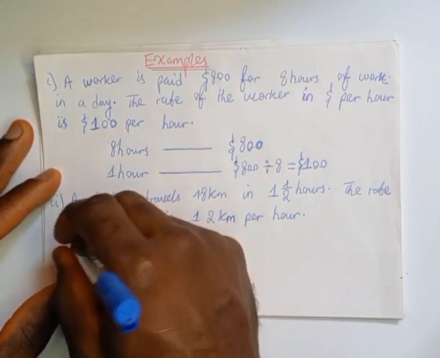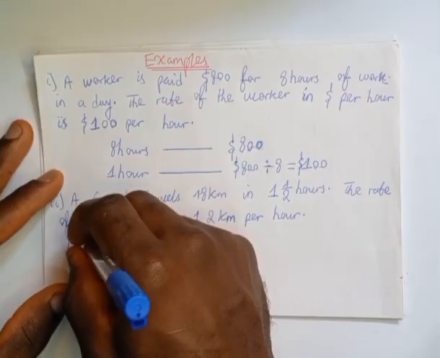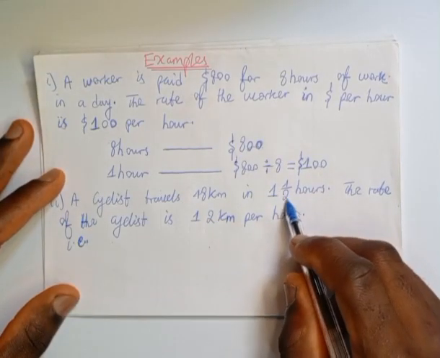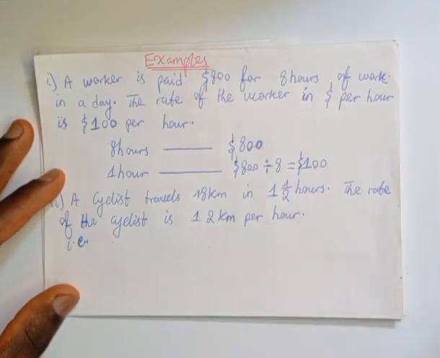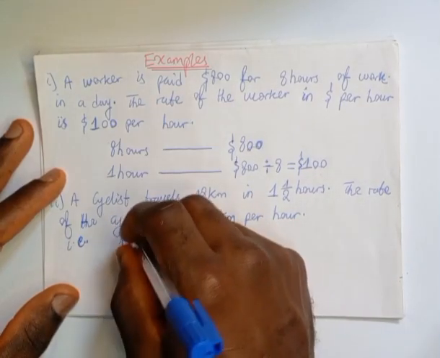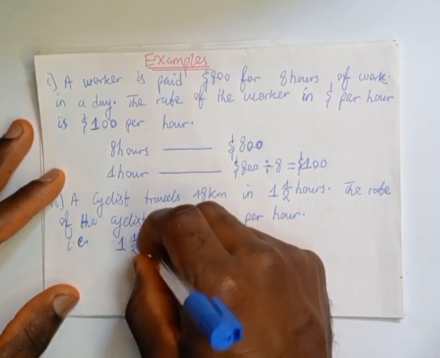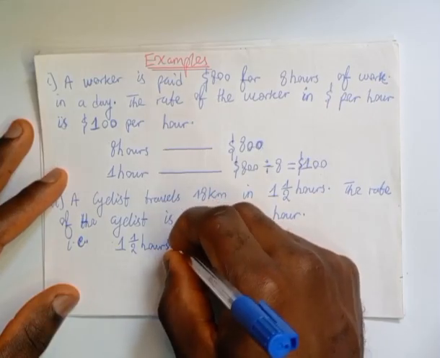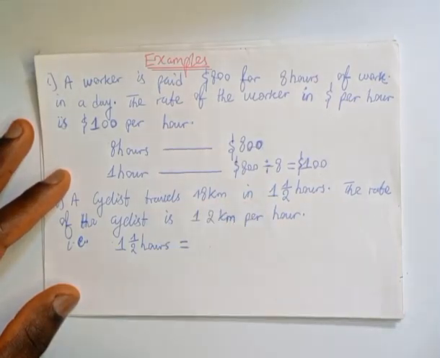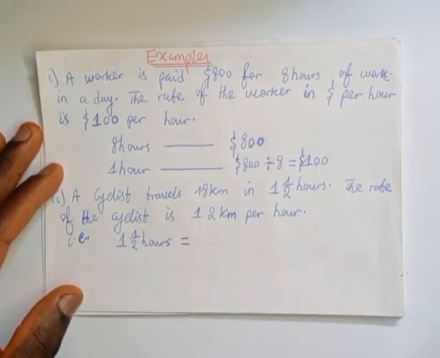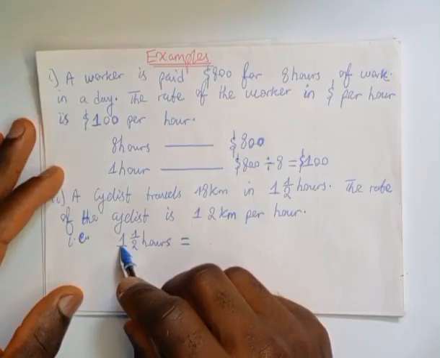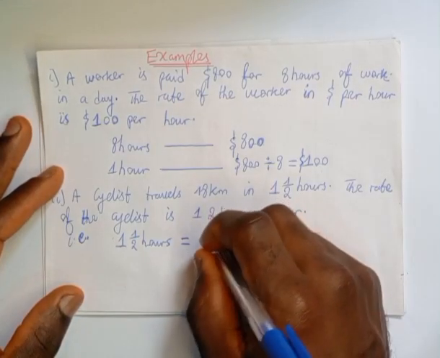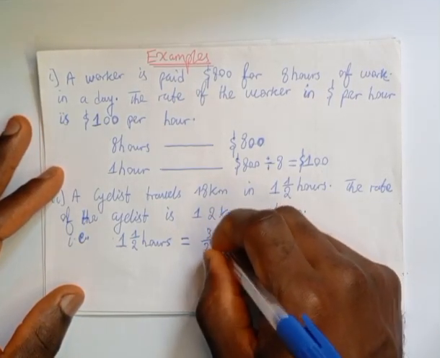We have been told that in 1.5 hours, the cyclist travels 18 kilometers. 1.5 hours, expressing it as an improper fraction, we have 2 times 1, which is 2, plus 1 is 3 on 2 hours.